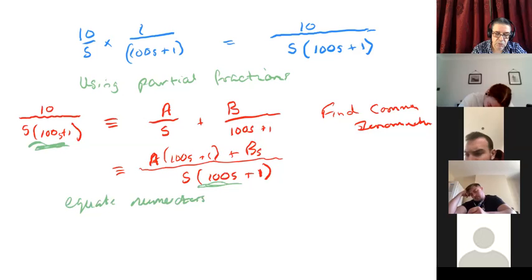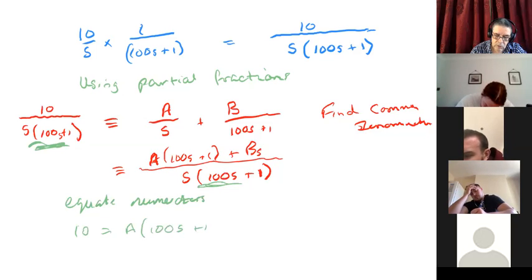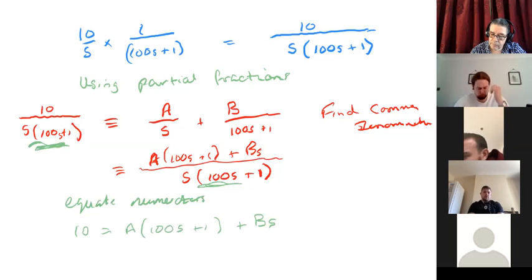Because they're equal to each other, then the numerators must also be equal. So 10 must equal A times 100s plus 1 plus Bs. So we can say 10 is equal to A, 100s plus 1, close brackets, plus Bs. That's called equating the numerators. Again, just save that page.